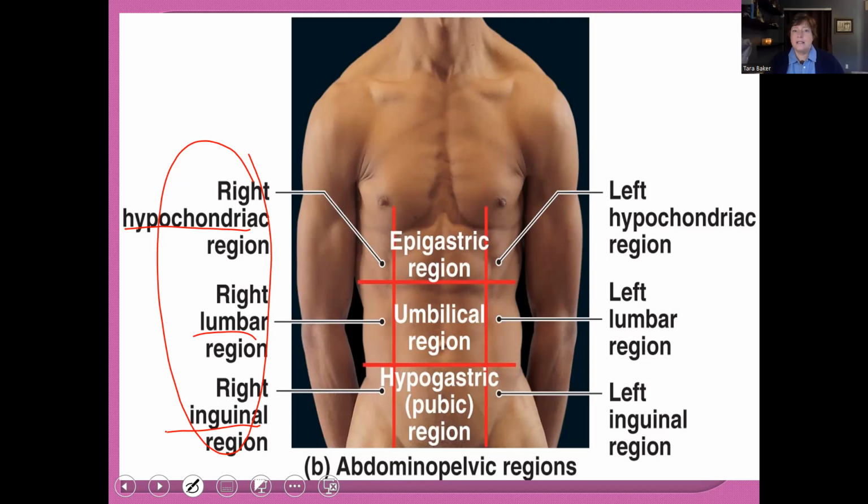And then inguinal is going to be more in the crease between his torso and his leg. In the center, and so on the right side, we've got those, and on the left side, they match. So we have the rights and the left. And then in the center regions, we have the epigastric region, umbilical region, which is right on his belly button, and the hypogastric region, which is really the pubic region.